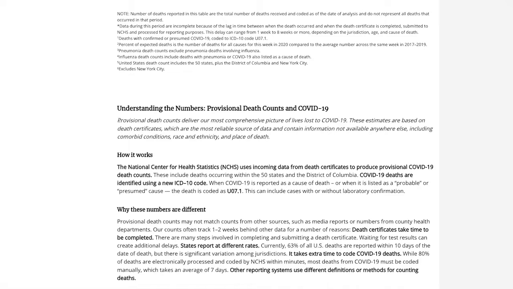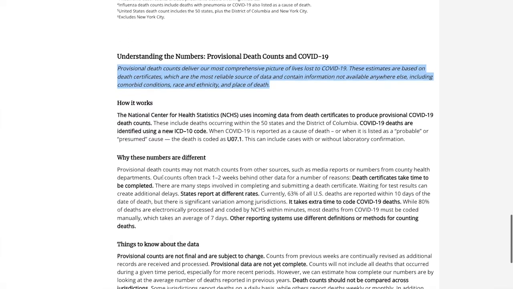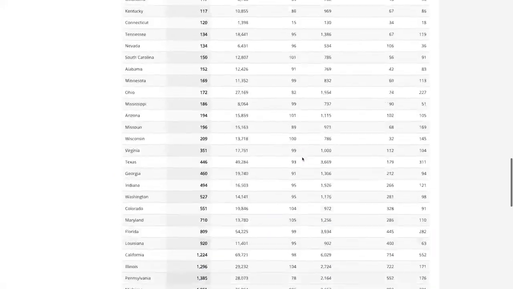So according to the CDC, the provisional death counts deliver their most comprehensive picture of lives lost to COVID-19 because the estimates are based on actual death certificates rather than just the data being reported by the WHO and other organizations, and simply how the data is collected. They're also clear that provisional death counts are different from other sources such as media reports because of how they're calculating these numbers. So let's go up and look at this chart.